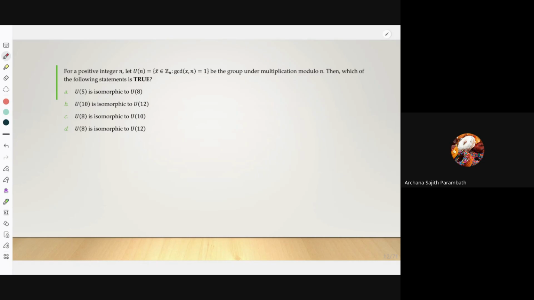So basically here what we have are U of 5, U of 8, U of 10, U of 12. So by our primitive root theorem, U of 5 is cyclic, U of 8 is not cyclic, U of 10 is cyclic because 10 is 2 times 5, and U of 12 is not cyclic.